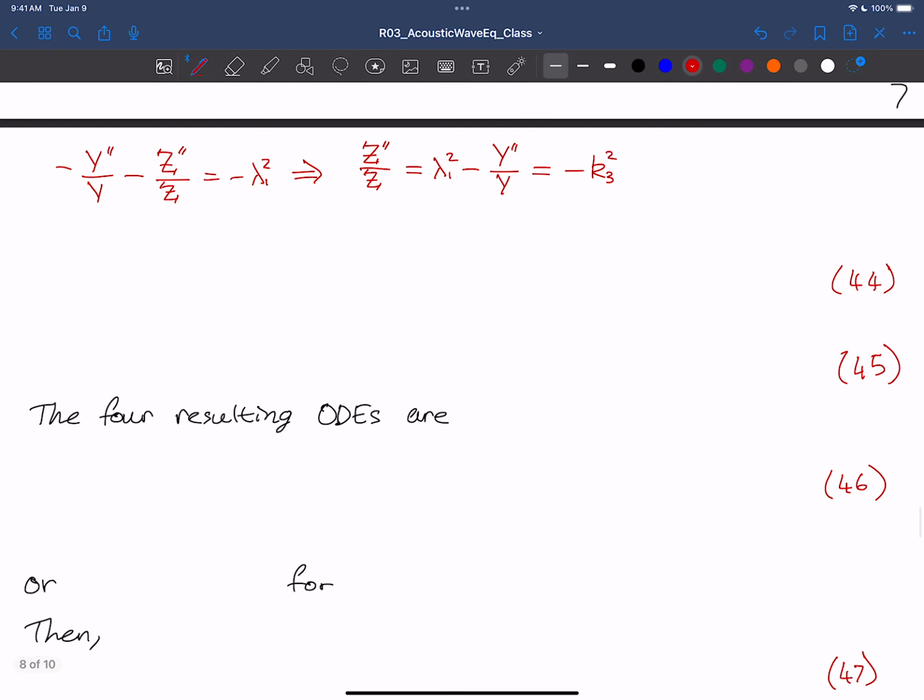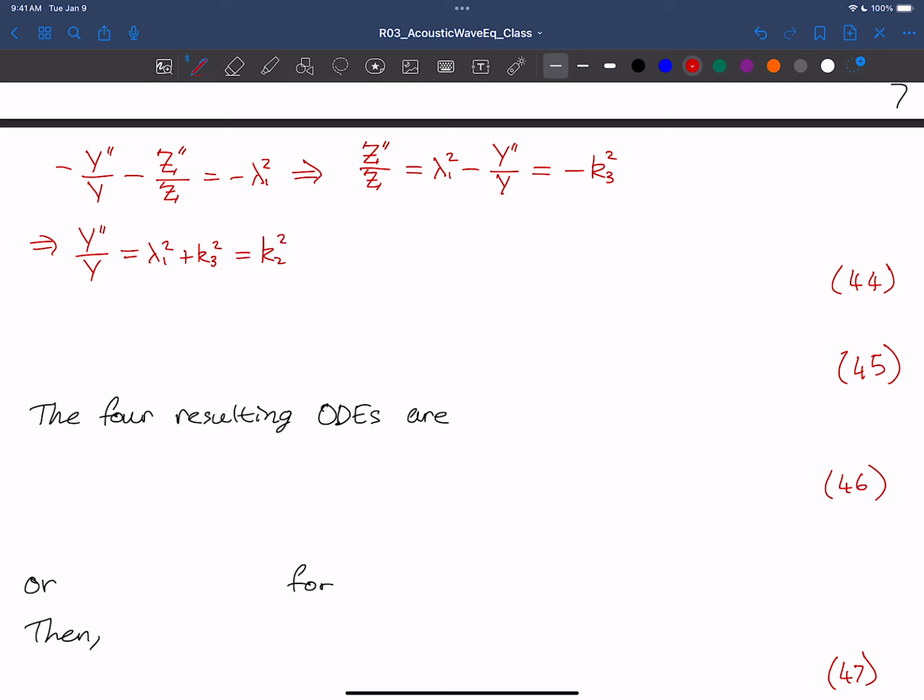From here, let's deal with the y first. We'll get that Y double prime over Y is equal to lambda 1 squared plus k3 squared, which we can say is equal to k2 squared.